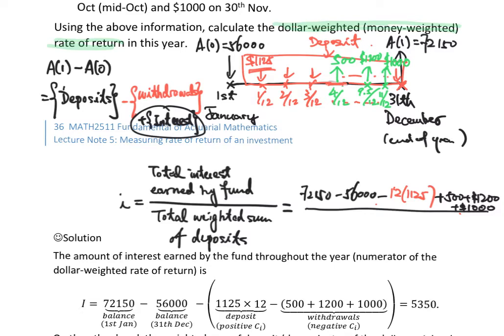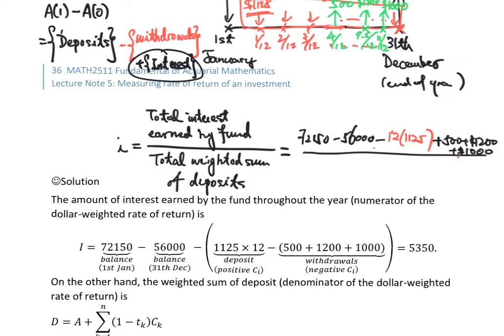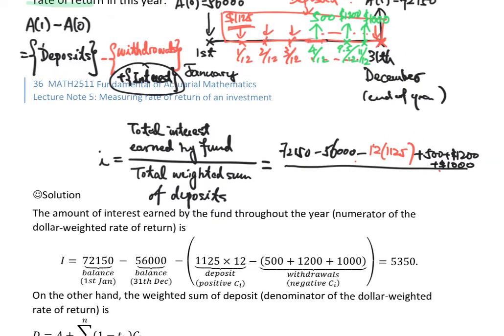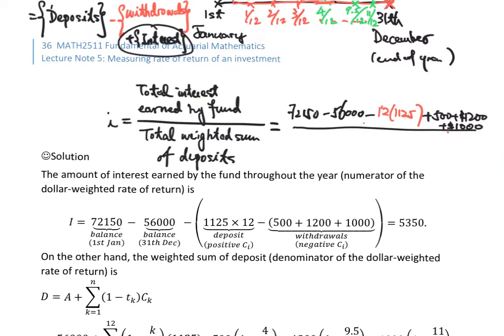Of course, the withdrawal can also be regarded as the case when you have the deposit to be negative. Anyway, this is what you get in the numerator, which is the same as what I wrote in the solution. If you calculate this, you will find that the value is 5350.